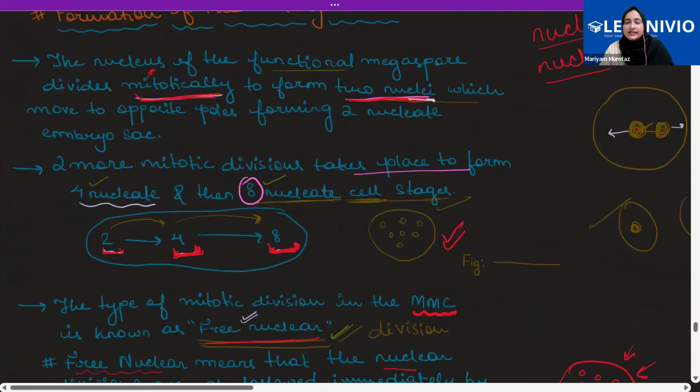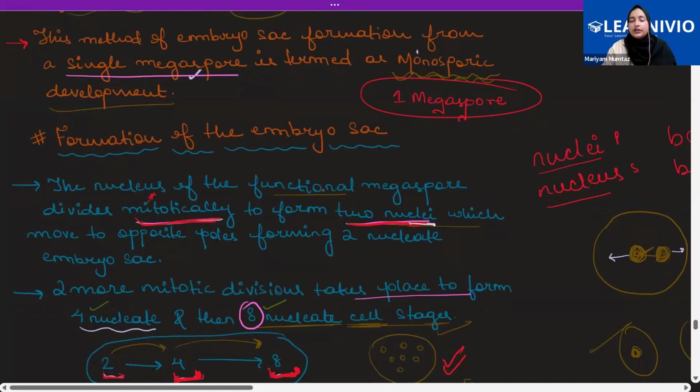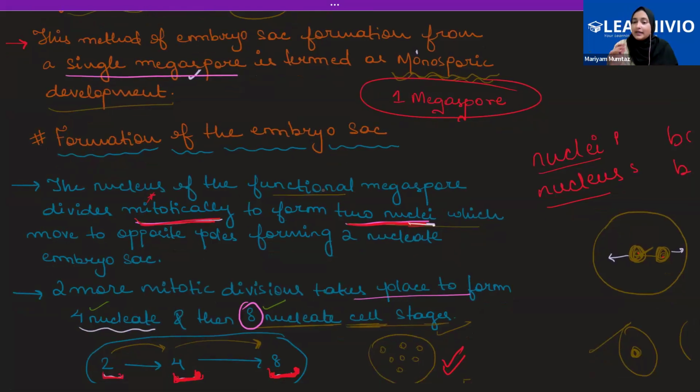Now, let us see how the formation of the embryo sac takes place. The nucleus of the functional megaspore first divides by mitosis. Mitosis basically means to increase the number. It forms two nuclei, which go towards opposite poles.